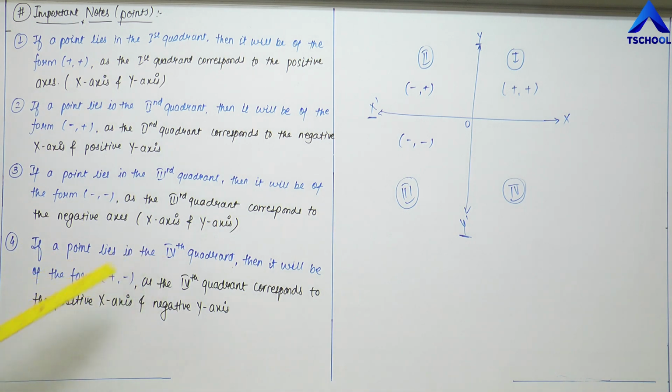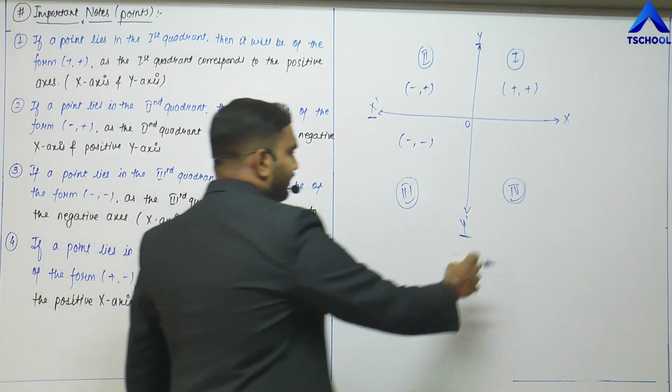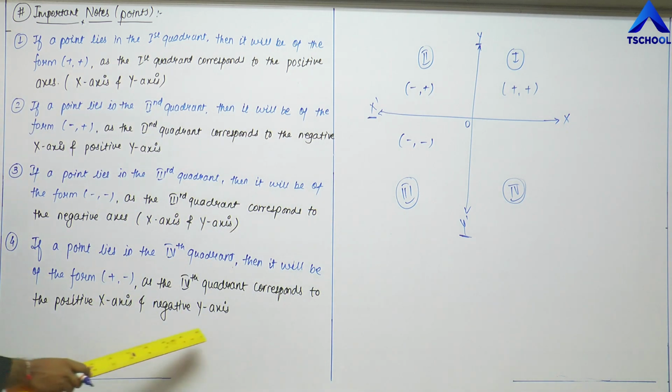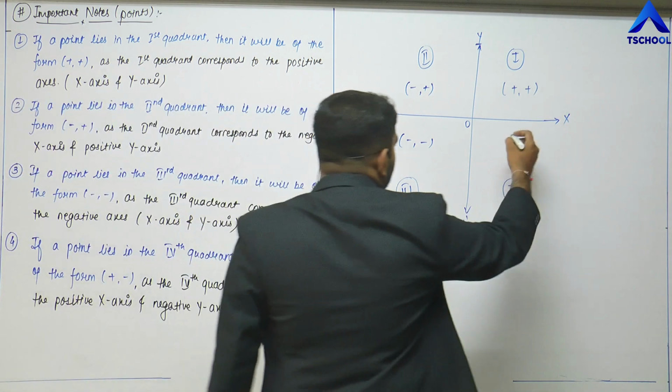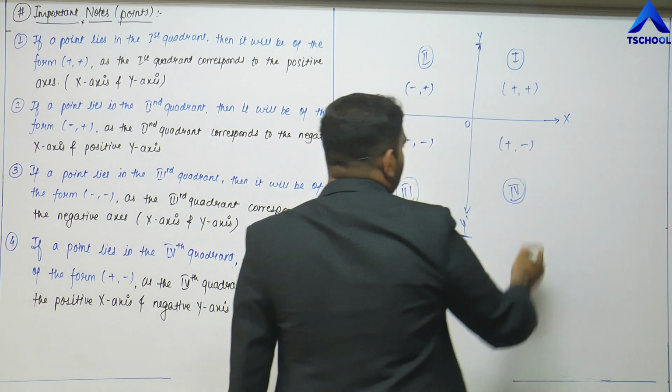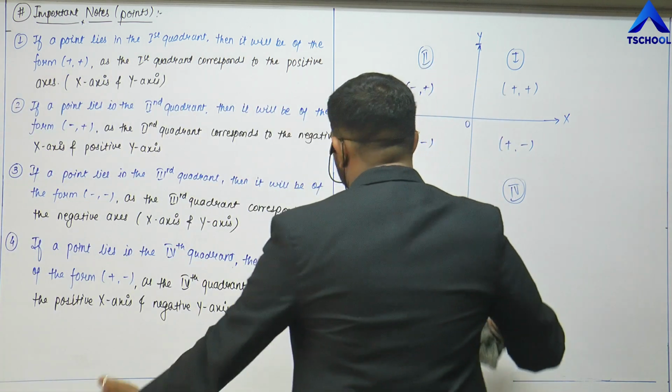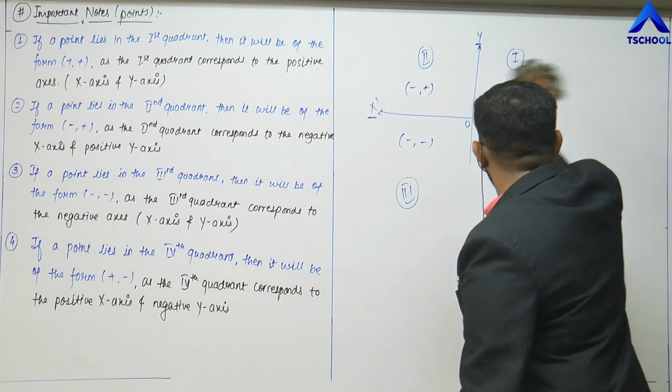And if a point is lying in the fourth quadrant, let us look here, it is made up of positive x-axis and negative y-axis. So the positive x-axis gives a positive x coordinate, and the negative y-axis gives a negative y coordinate. So this is how these four points are written from the Cartesian plane. Is it clear, friends? So this was the conclusion from example number 1.